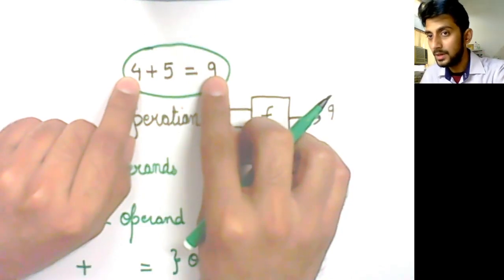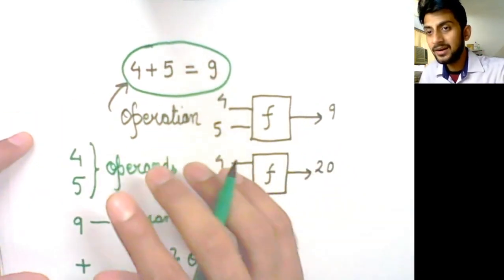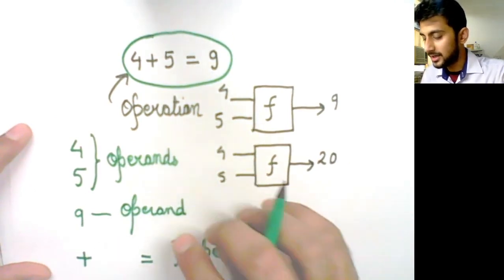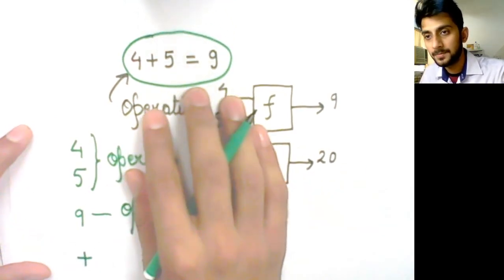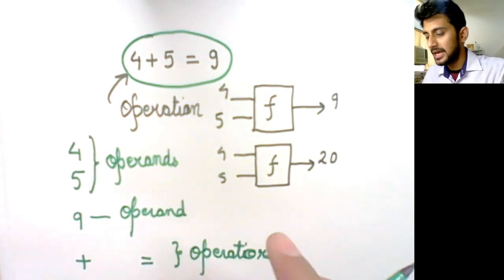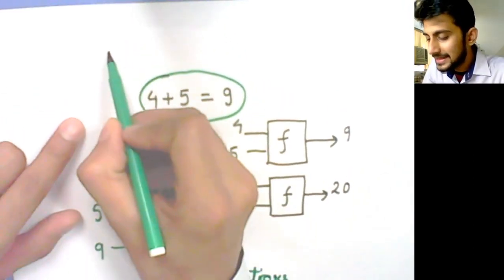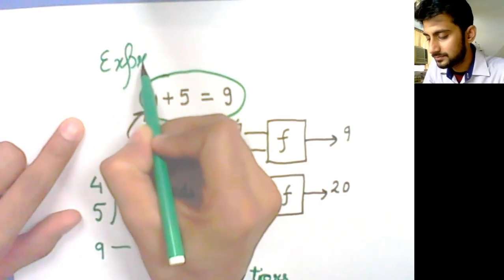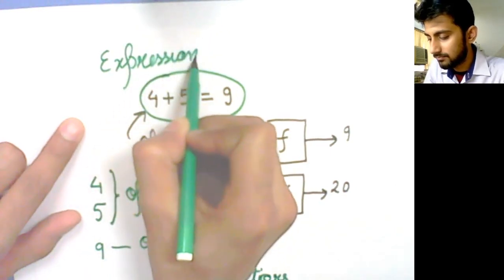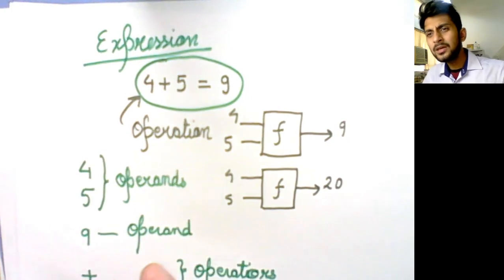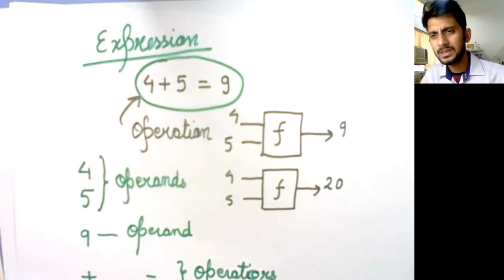This is a general notation of operand, operator, operation. And when you represent any operation in terms of numbers, symbols, you call that an expression. This is a very rudimentary form, a very basic level understanding.